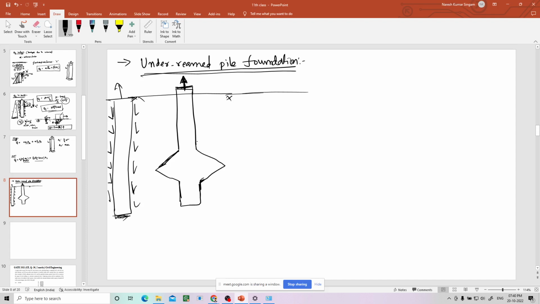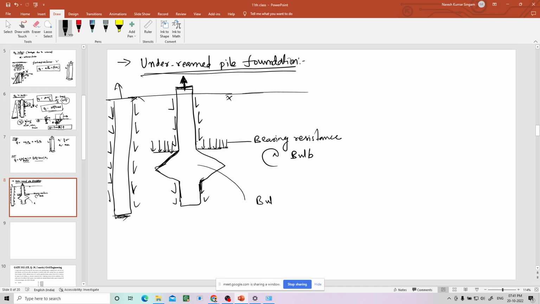But here you can develop frictional resistance, as well as this portion will apply bearing resistance, right? See, if you are applying upward load, this bulb also has to move upward. When it is moving, this portion will give downward force. So this is called bearing resistance at bulb. This is called as bulb.